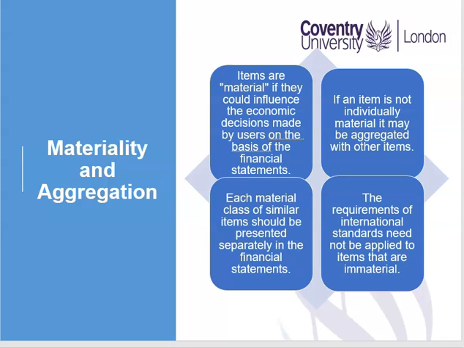Each material class of similar items should be presented separately in the financial statements. If an item is not individually material, then it may be aggregated with other items. The requirements of international standards need not be followed or applied to items that are not material.